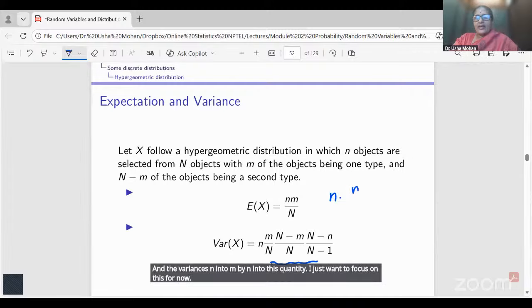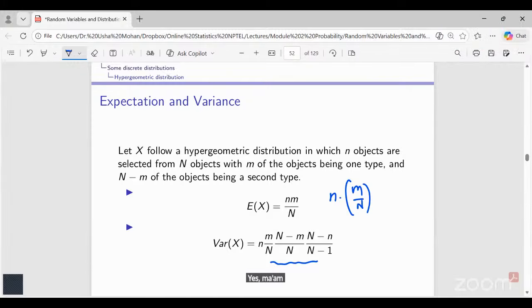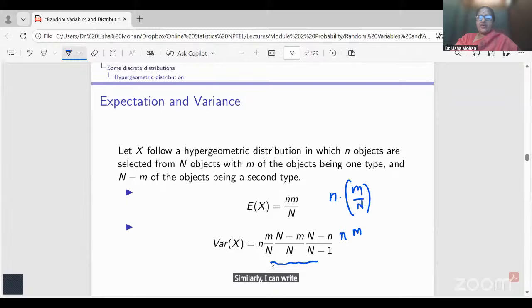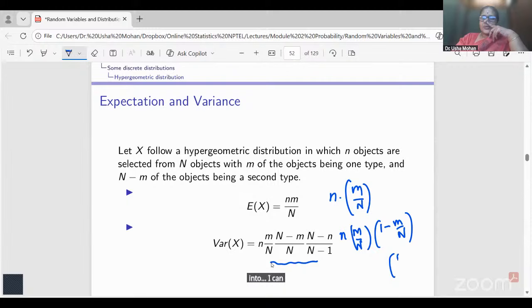Look at n into M by N. Similarly, I can write this as n into M by N into 1 minus M by N. Can I? Yes, ma'am.